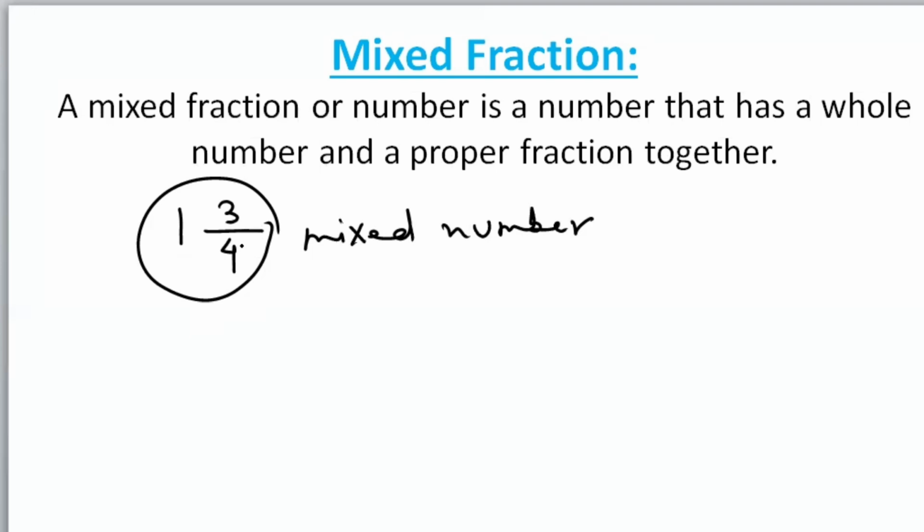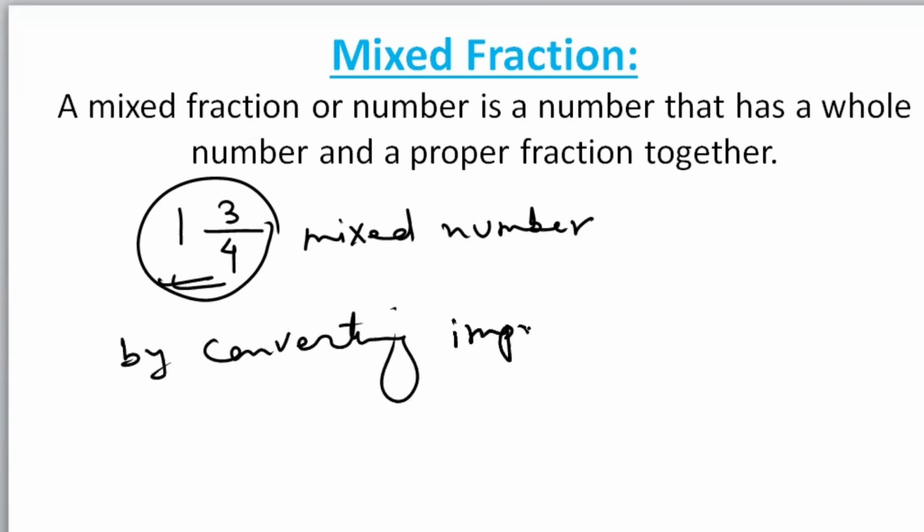And how do we get a mixed fraction? We always get a mixed fraction by converting an improper fraction. Okay? As we saw in the improper fraction, the numerator was bigger than the denominator, so we have to change it into a mixed number to make it a whole and a proper fraction.